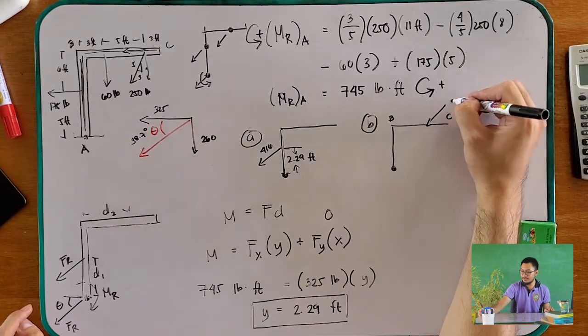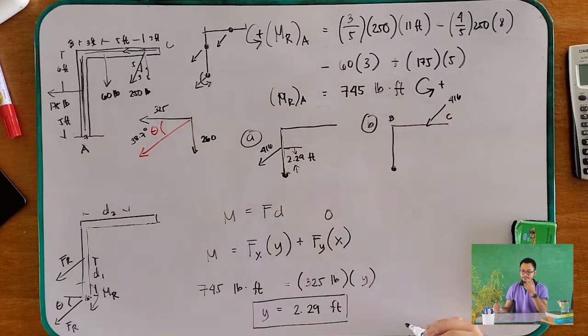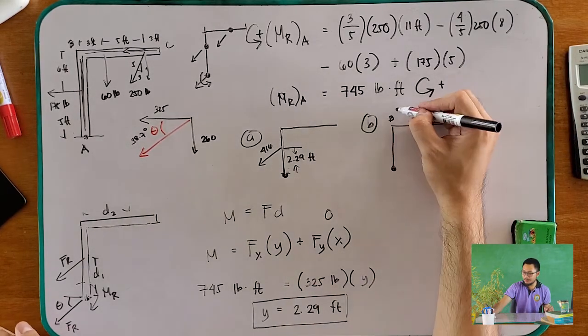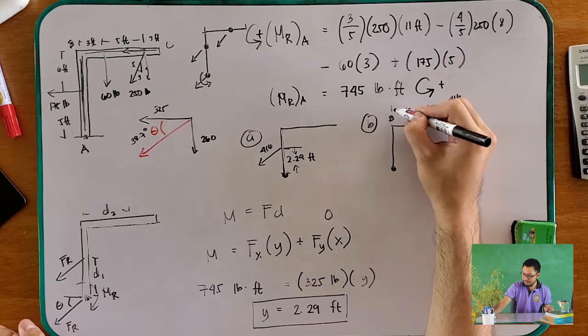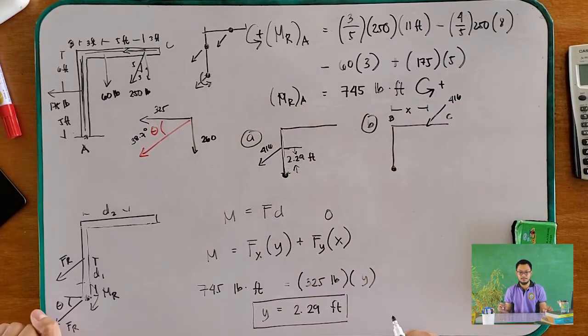Now the second question: how about if it is along BC? This is your 416, and we have to determine this distance. Same application.